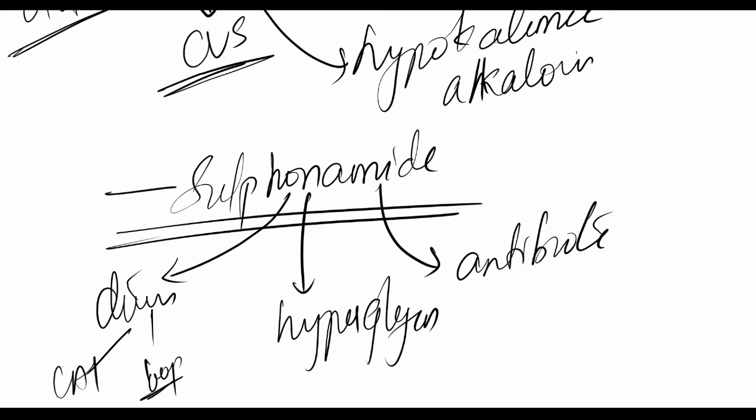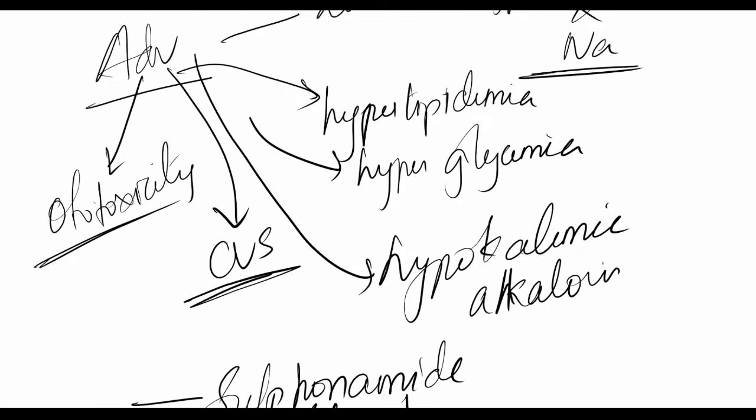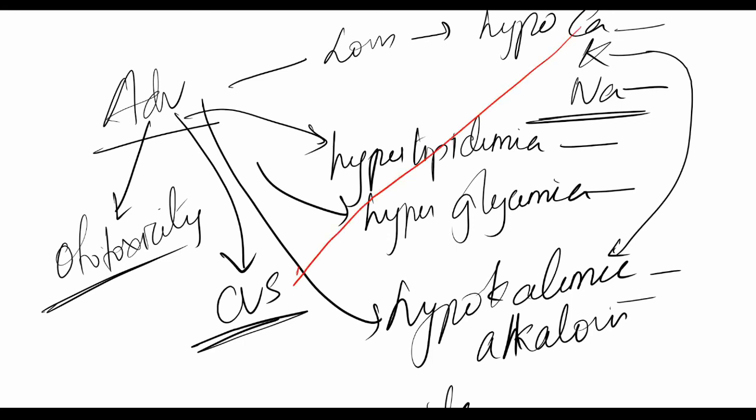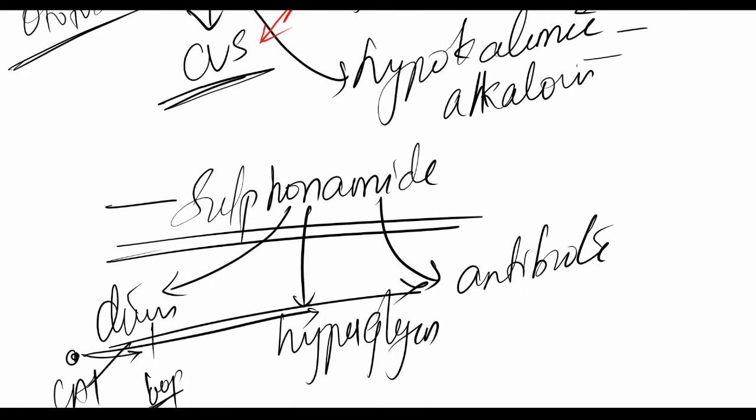There might be cross allergy amongst all the other classes of drugs. So: hypokalemia, hypocalcemia, hyponatremia, hyperlipidemia, hyperglycemia, hypokalemic alkalosis. Due to the problem with calcium ions, sodium and potassium, you're going to get serious complications, ototoxicity as well, and sulfonamide allergy.